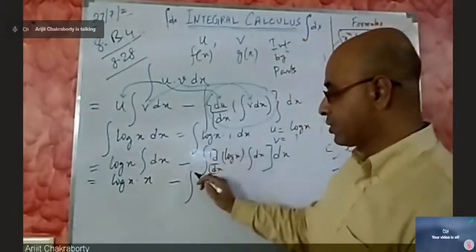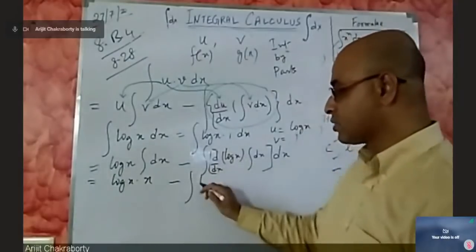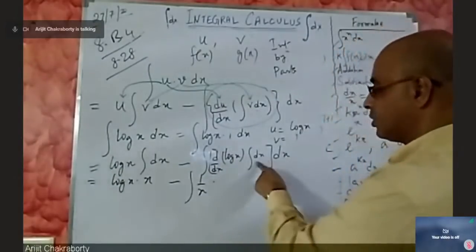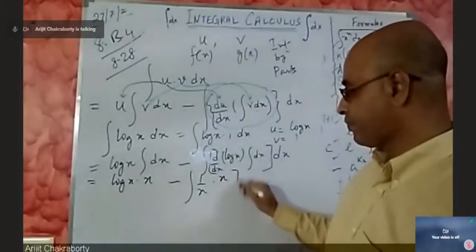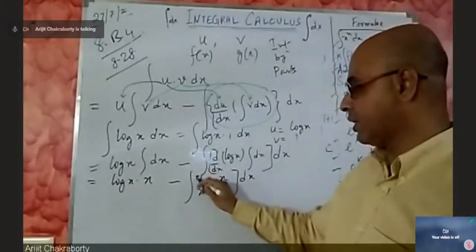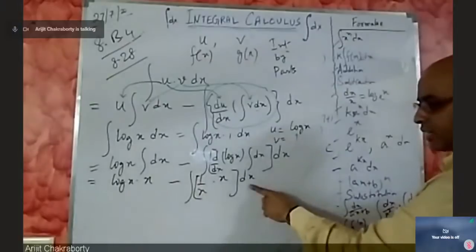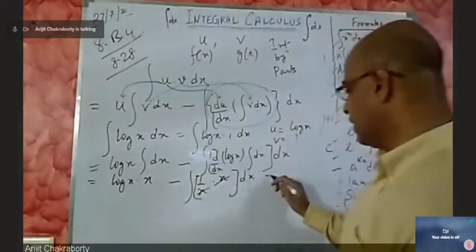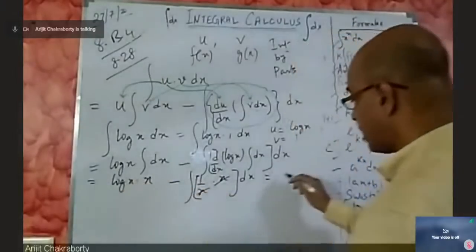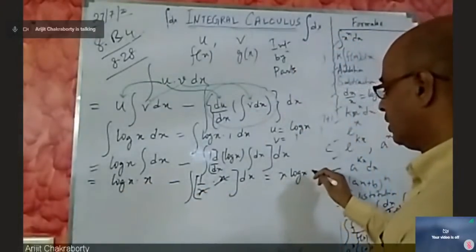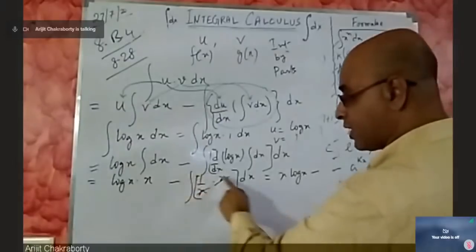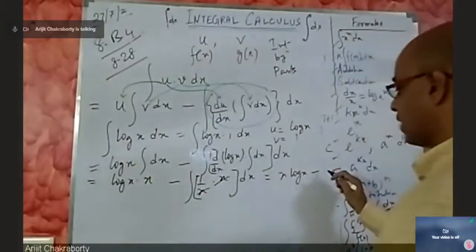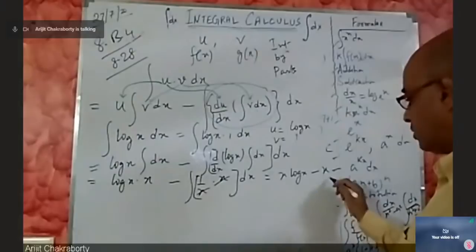I open the integration sign. d/dx of log x is 1 by x, into the integral of dx, which is x. And we take dx again. This dx comes here, so this x cancels out. So what I am getting is log x into x, which means x log x, minus this becomes dx only, so that means it is x plus c.